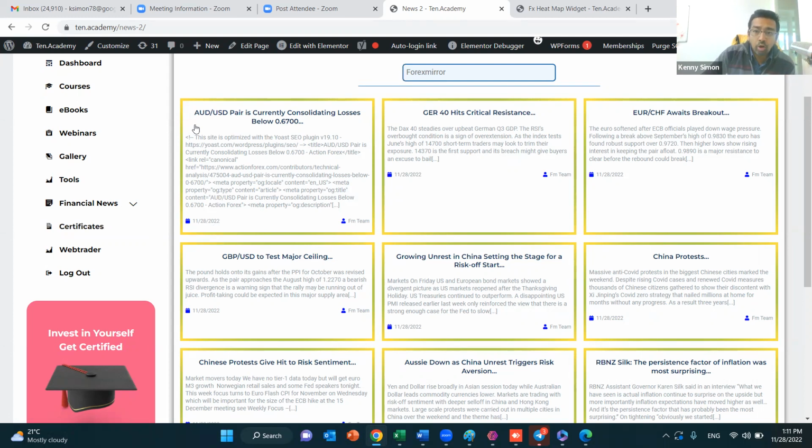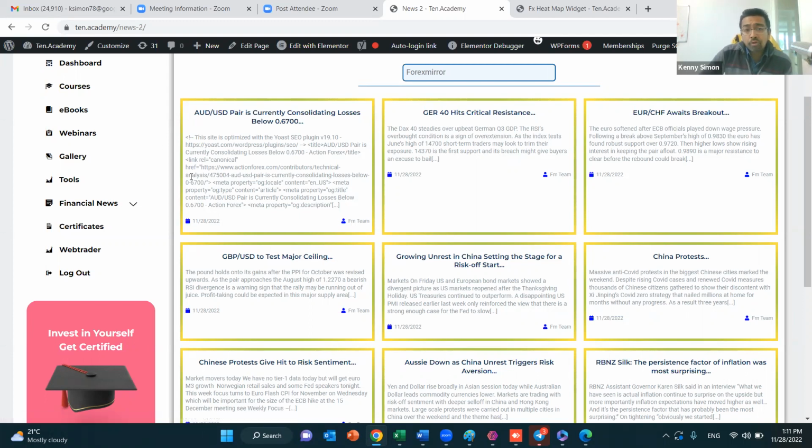When you click on it, it gives you the details of where this news is from, or what the source is. It could be FX Street, Daily FX, or various other sources out there, but it has been filtered to the most popular, current news that is moving the markets the most at this moment of time.